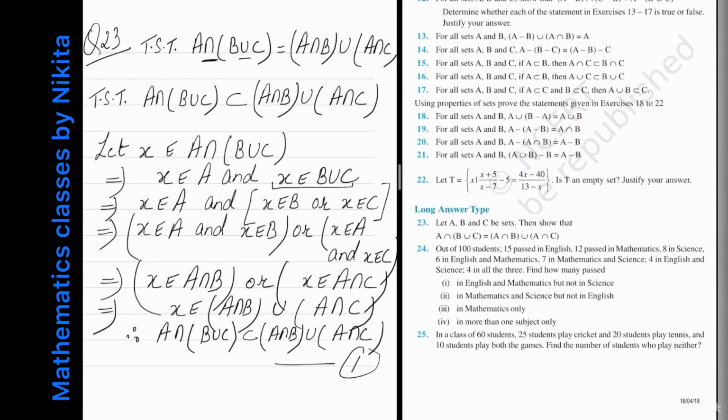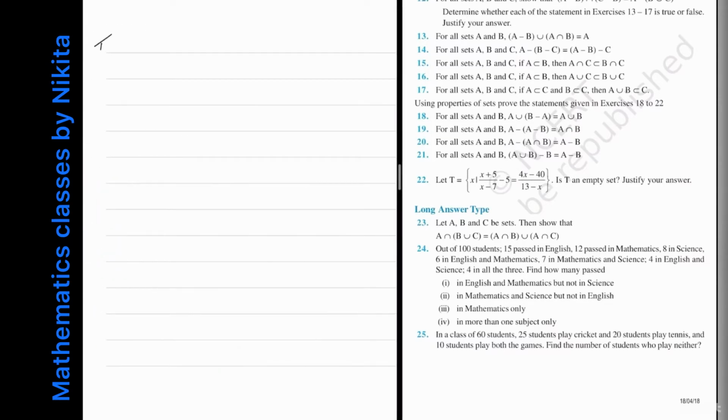Now conversely we will show that A intersection B union with A intersection C is contained in A intersection with B union C. So start with any arbitrary element on the left hand side.